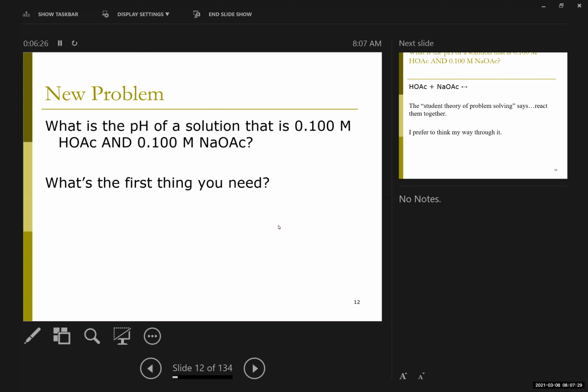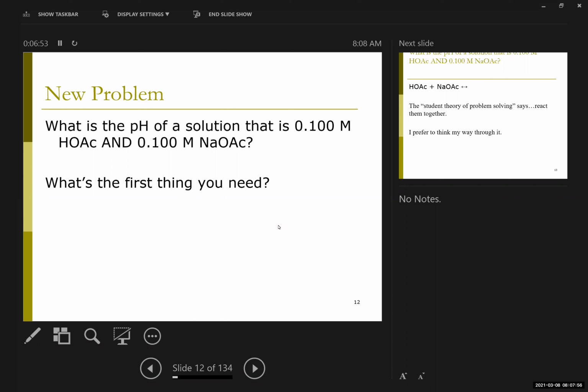And there's my old friend acetic acid, but I now also have sodium acetate. Implicitly, if it's asking about pH, it's an acid-base equilibrium. If it's an equilibrium, all equilibrium problems have three parts, of which the first and most important part is the balanced equation.